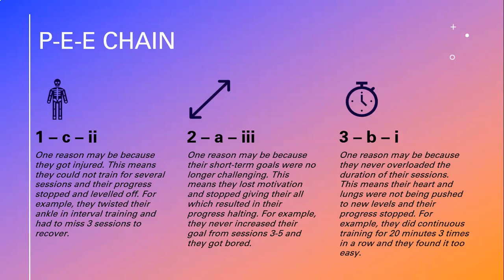That is you now giving the effect with the evidence. Notice how sentence 2 starts with this means to join the 2 sentences together. And finally in sentence 3, the example to exemplify their answer. For example, they twisted their ankle in interval training and had to miss 3 sessions to recover.